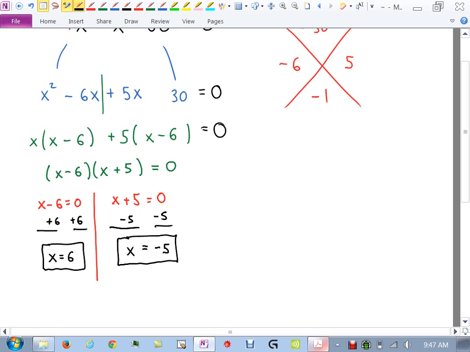Okay, let's do this one. How about if we had 2x squared plus x equals 3.